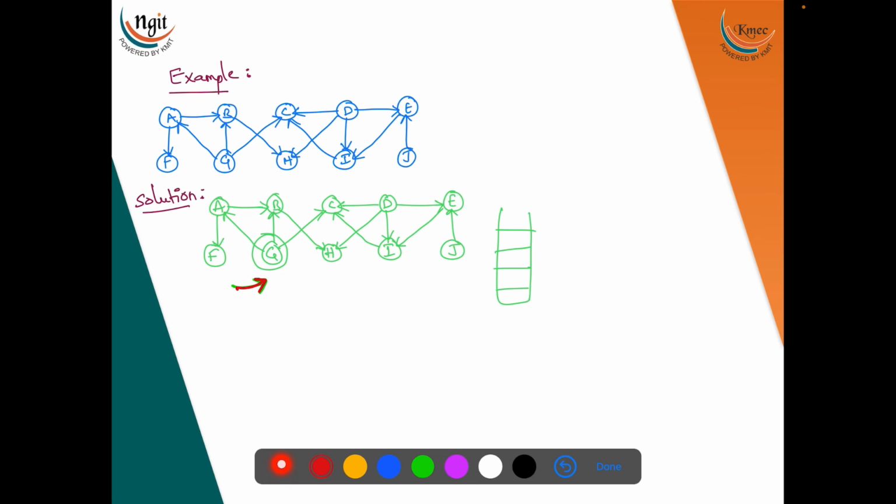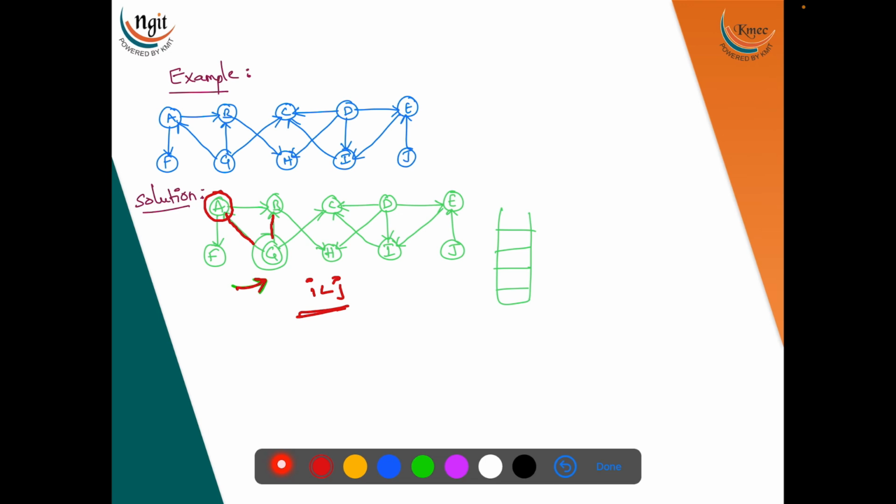Now let's find out what are unvisited vertices from G. Unvisited vertices from G, you can see G to A and G to B, correct? Once you finalize the topological ordering, that means i less than j ordering, in this sense, you have to visit A first of all. That means we are at A.